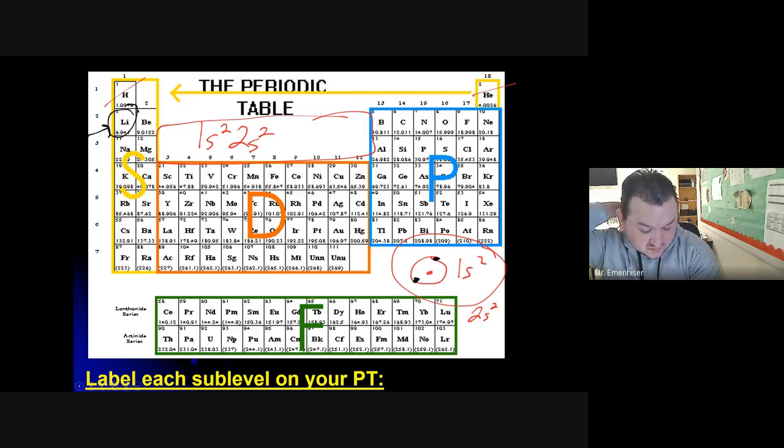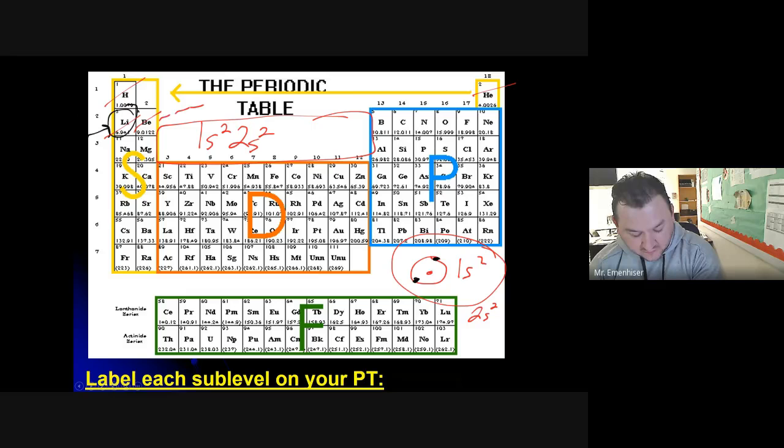We're not there. How do we know we're not there? Well, we just did lithium, which is 2s1, and 2s2 would be beryllium. So this would be the electron configuration for beryllium, Be, not boron. All right, so we got the 2s. Now, if we look at beryllium, it's the last element in the s block, and so that's element number 4.